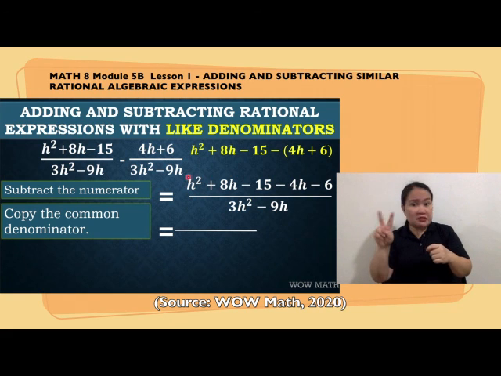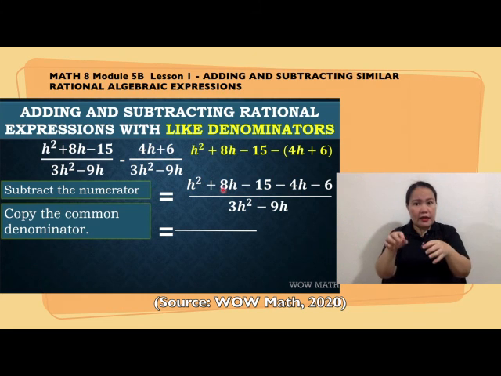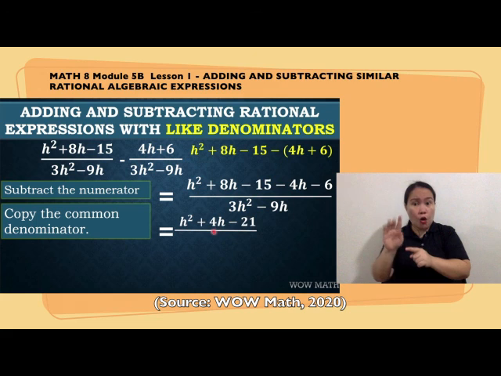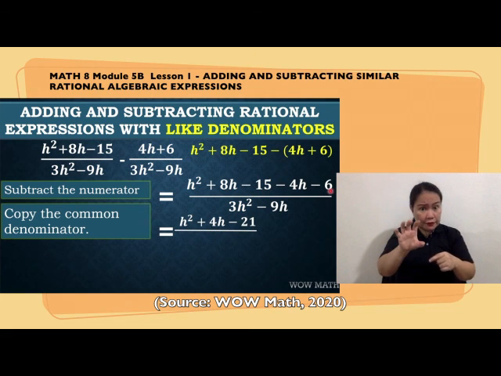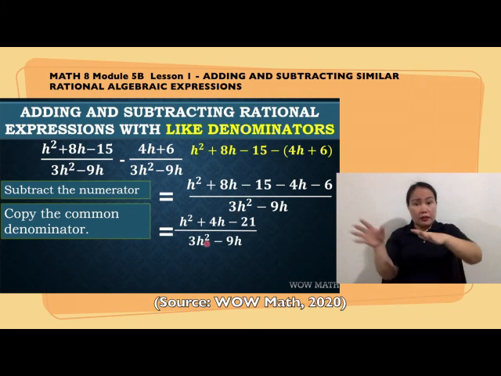So, si h squared, wala siyang kapareho. Ito, si 8h natin at si 4h, pwede. So, we will have 8 minus 4. So, we will have h squared plus 4h, kasi 8 minus 4, that is 4. And then, negative 15 minus 6, so that is negative 21. Okay? And then, copy the denominator, which is 3h squared minus 9h.